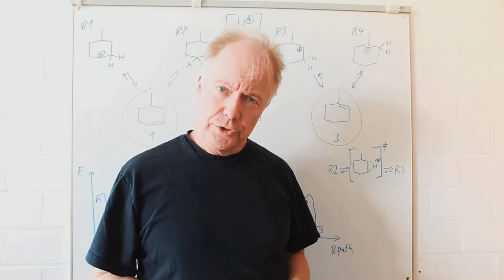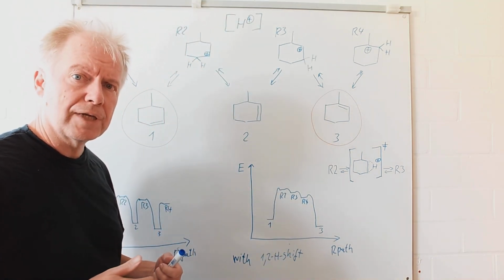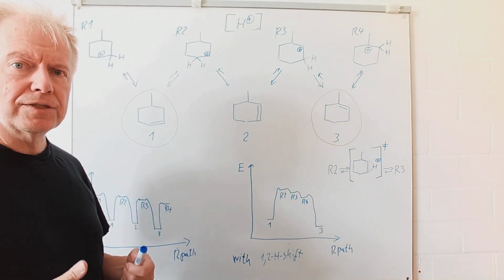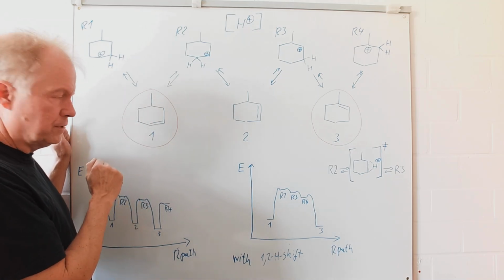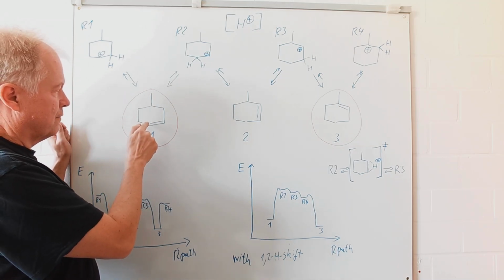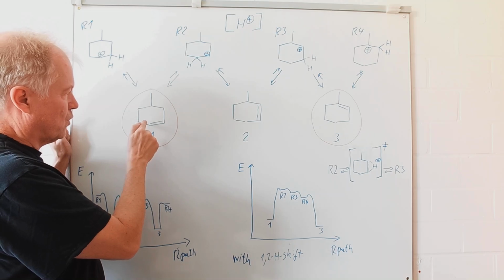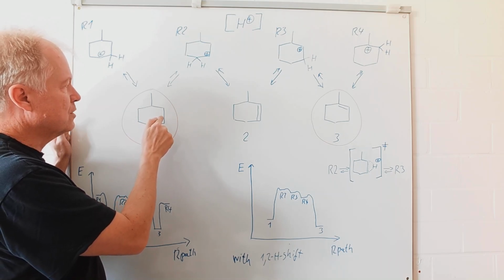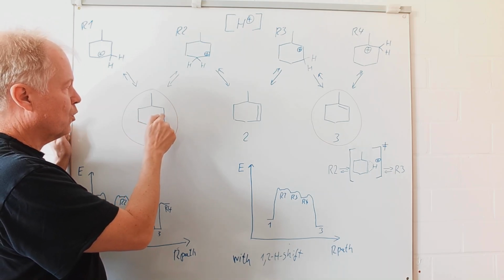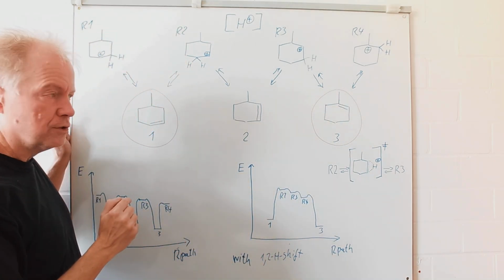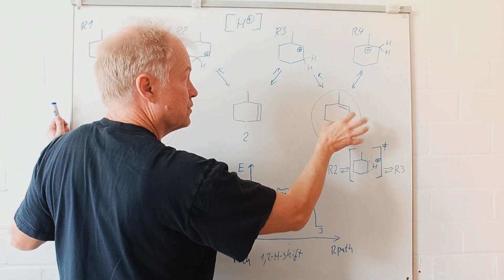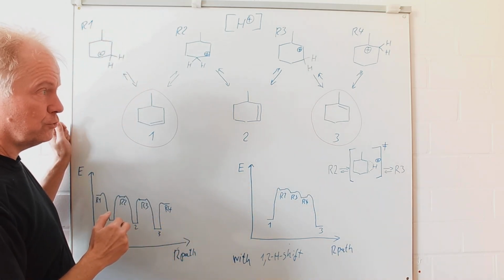In today's repetition course, we will have a look at an acid-catalyzed isomerization of olefins. This olefin can migrate along that ring until it reaches a position where the olefin is 3 times substituted.